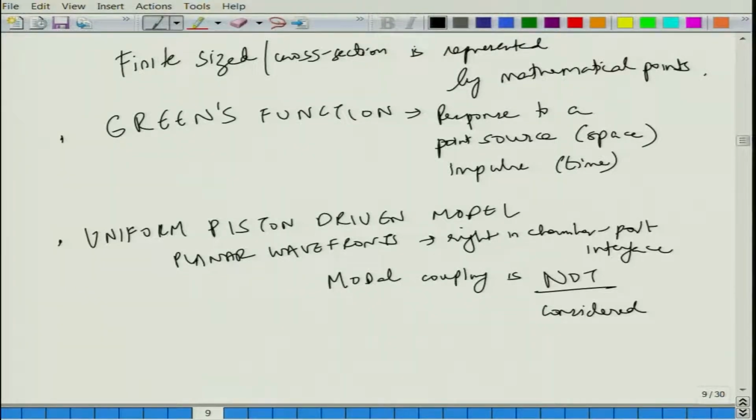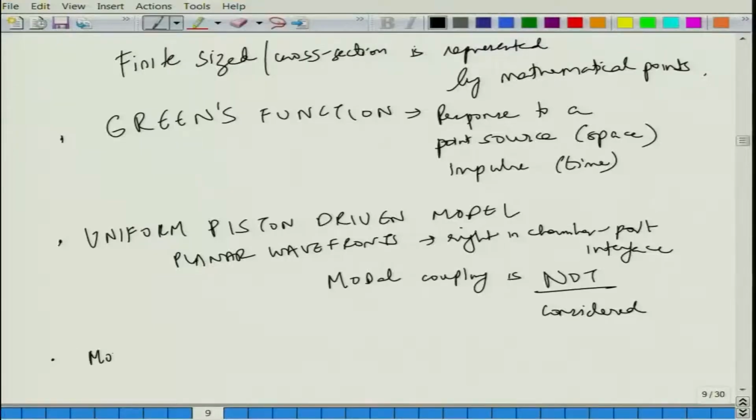So, we are taking into account the pressure variations across the chamber over the surface area where the port is located, and using that to get the pressure response function of the impedance matrix parameters. We will compare this with the finite element results wherever they are available.